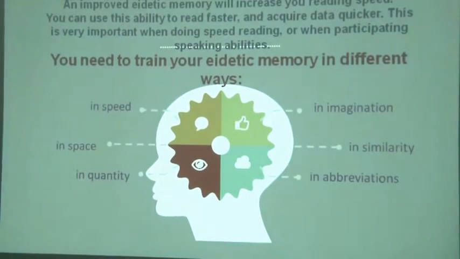But it's not a simple thing. You should train your eidetic memory in different ways: in speed, in space, in quantity, in imagination, in similarity, and in abbreviation. As we are short of time today, I will present only a few of them.